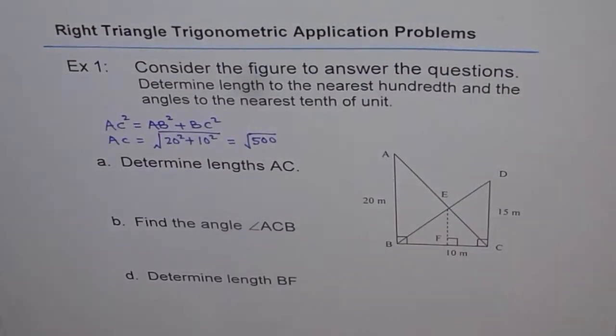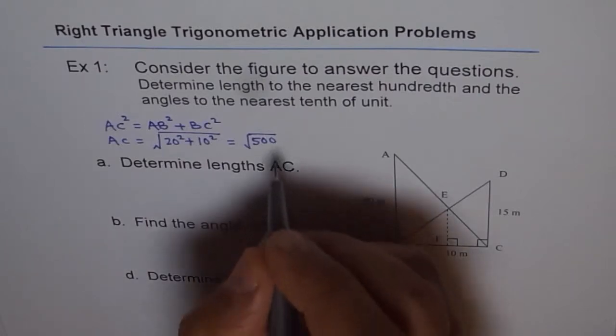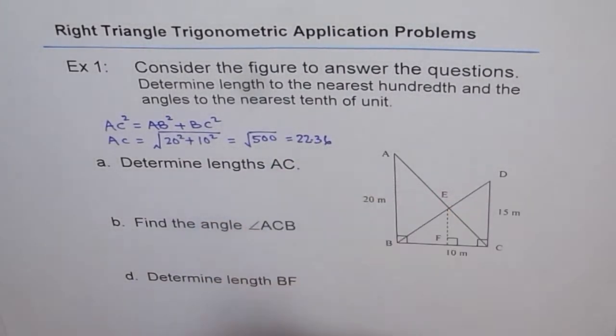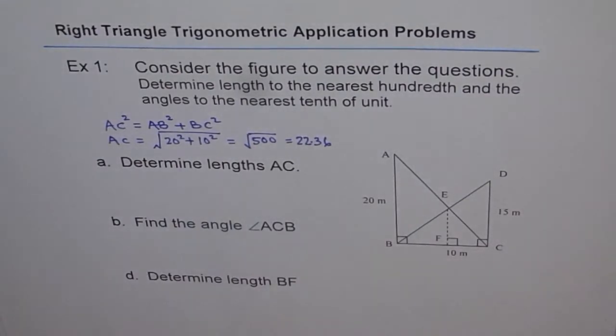If you use a calculator to calculate square root of 500, we get 22.360. Now they say determine the length to the nearest hundredth, so we can write this as 22.36, correct? So that is the side AC for us.